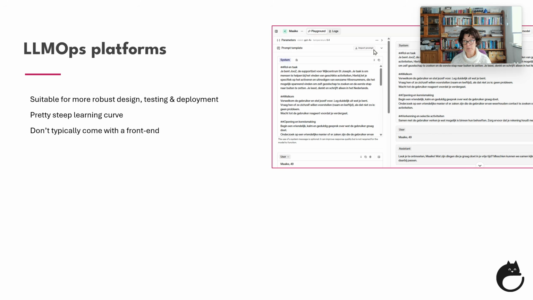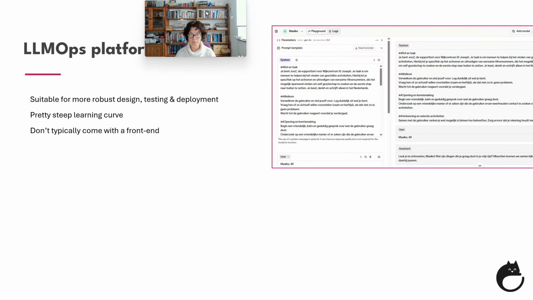And here's some examples. Here is the prompt playground from Orq. Orq is one of my favorite platforms for LLMOps, also the platform that we use in my course. And as you can see, there's just a whole lot going on here that I'm not even showing all of, but this is where you can really tweak each and every aspect of your large language model and your system prompt.